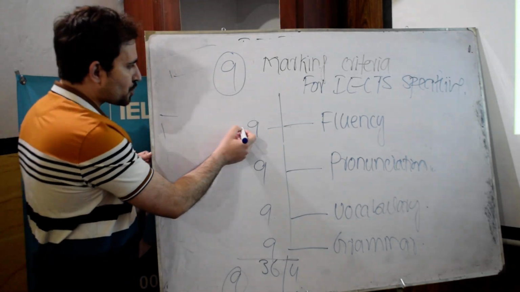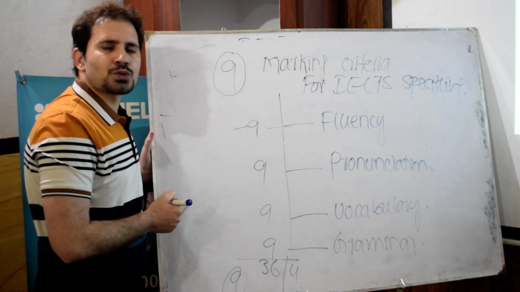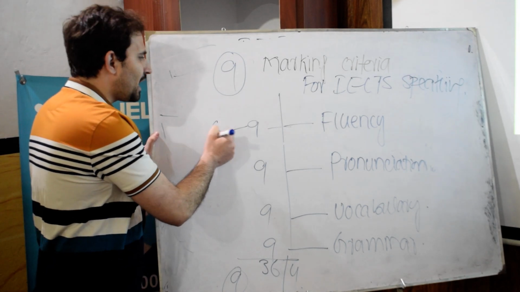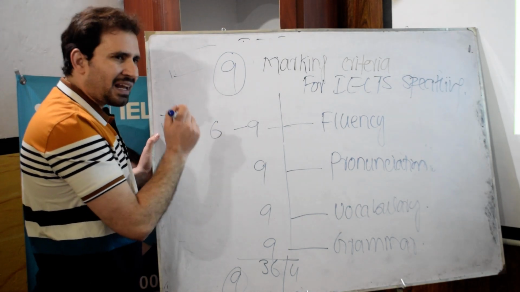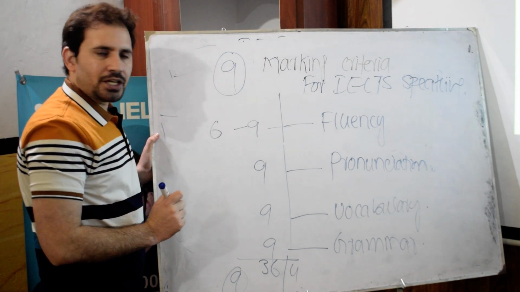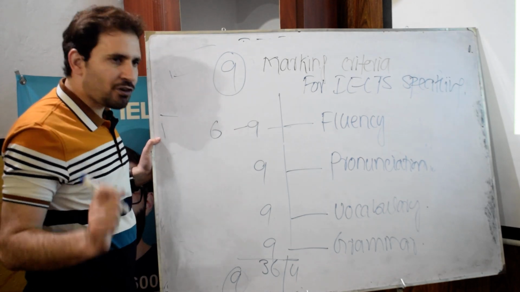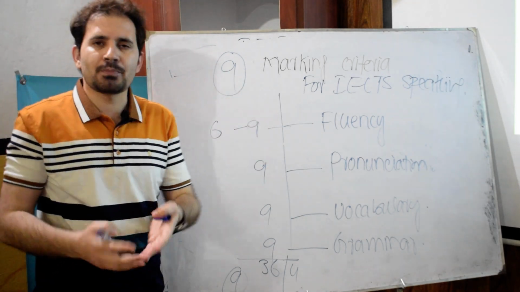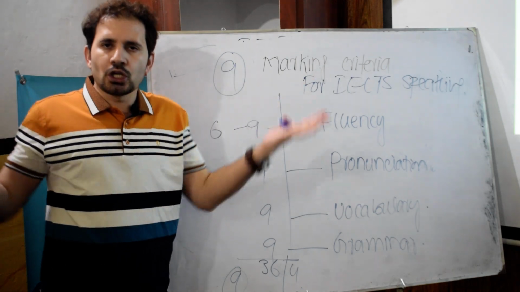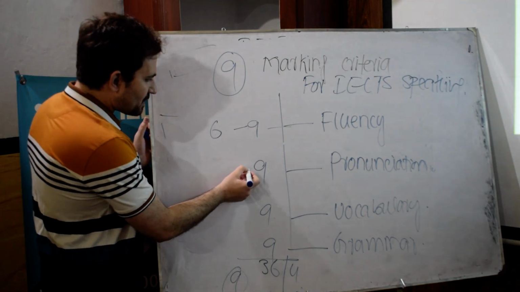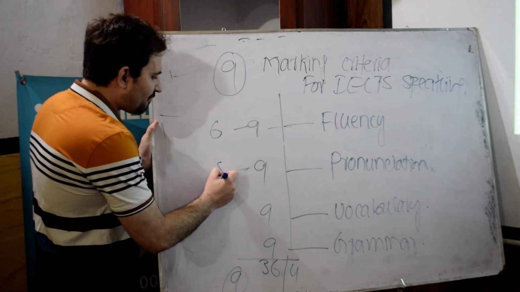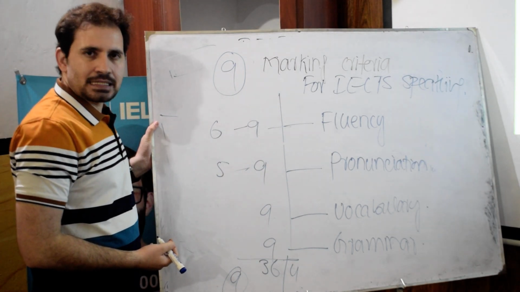For example, suppose one of the students gets 6 band out of 9 in fluency. Your fluency plays a vital role. It's not all about your vocabulary or grammar, but your overall speaking band is the combination of all 4 things. Suppose somebody gets 5 band in pronunciation.